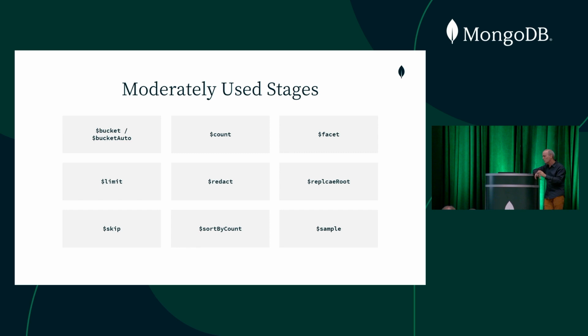Merge lets you, in a more nuanced way, accumulate running tallies into an existing or a new collection and into an existing or new document. So merge is the one to use, out is the one that used to be there. Use merge.